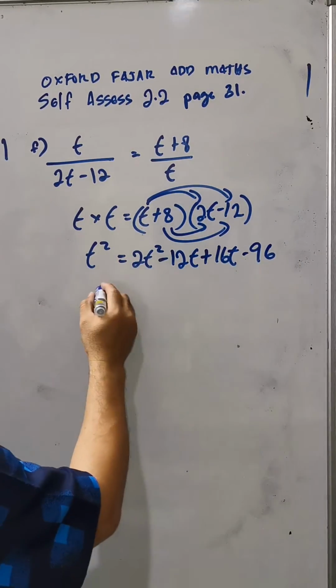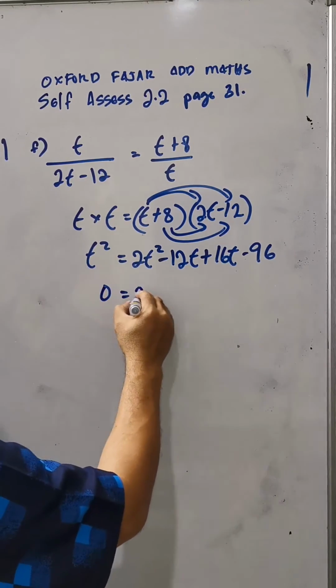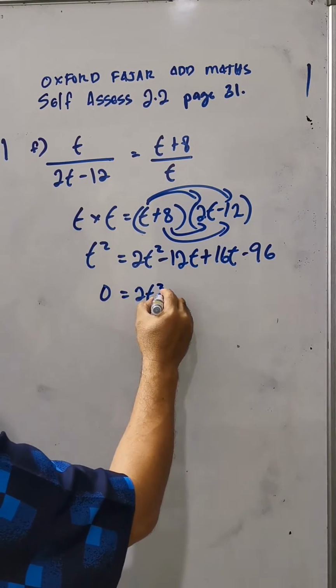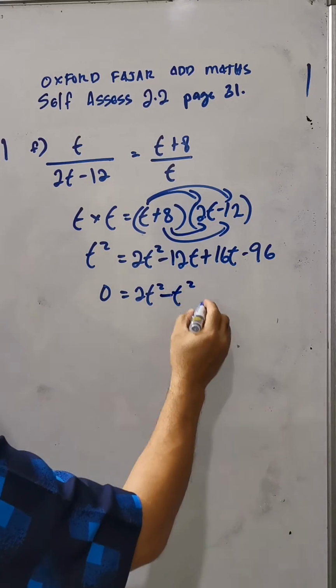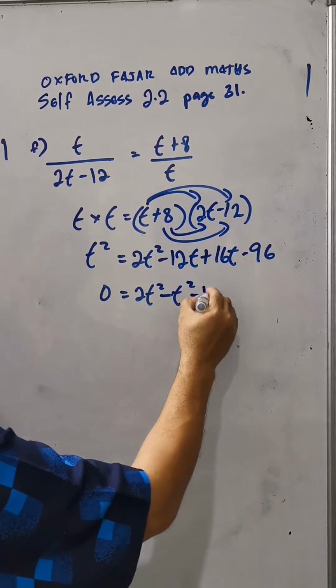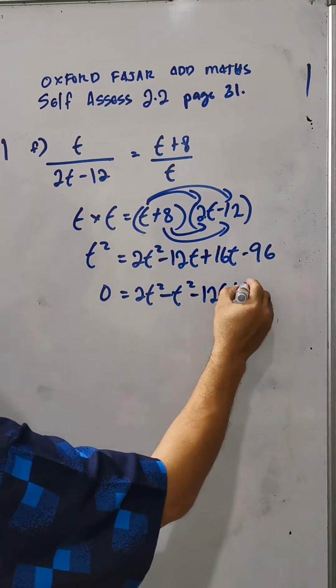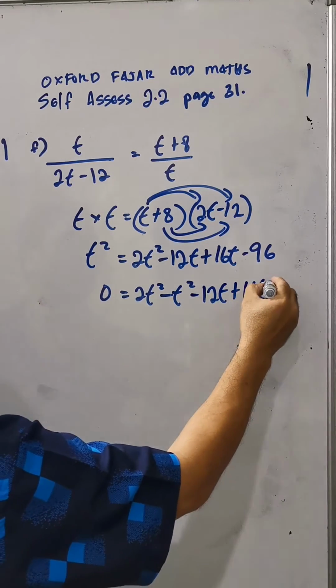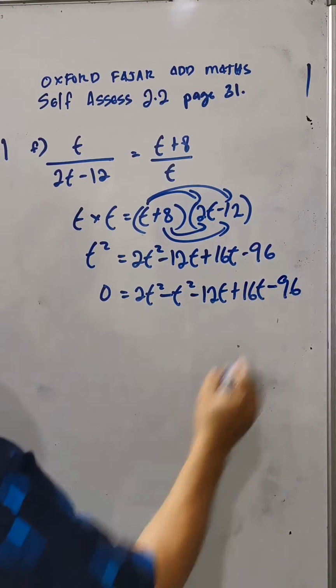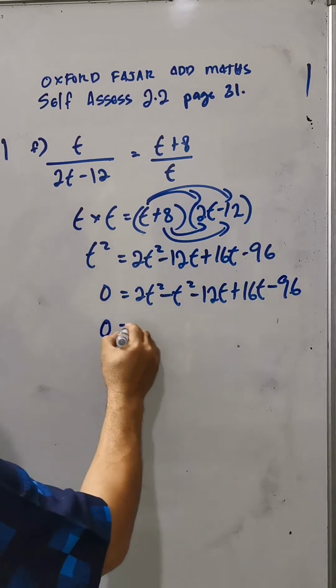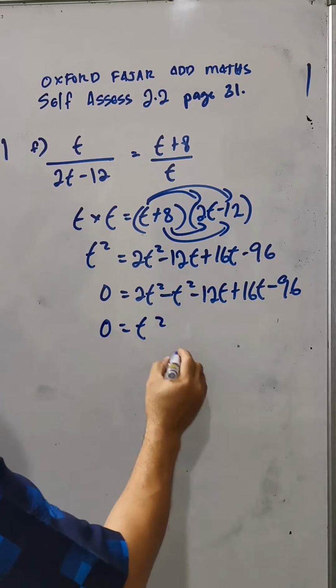So I bring everything to the left side. So 2t squared minus t squared, and minus 12t plus 16t, minus 96. So 0 equals t squared.